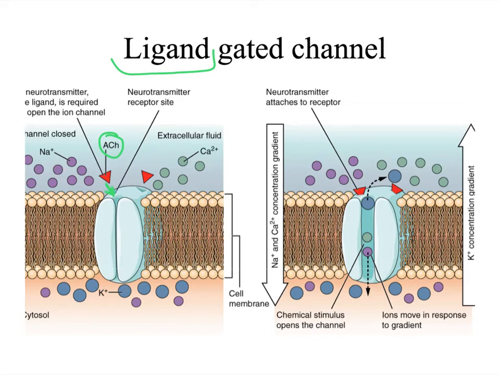And once it binds, it's going to cause this gate to open over here. And now you're going to allow the ions again to move down the concentration gradient. So you'll have sodium again moving inside the cell if this is a sodium channel, or if this were to be a potassium channel, you'd have potassium moving to the outside of the cell.